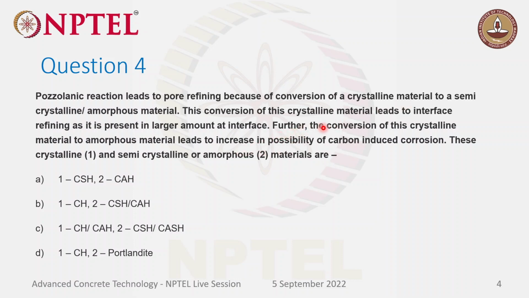Further, the conversion of this crystalline material to amorphous material leads to an increase in the possibility of carbonation-induced corrosion. So you have to find what the crystalline material initially formed out of OPC hydration is, and find out how it converts on pozzolanic reaction to a semi-crystalline or amorphous material.